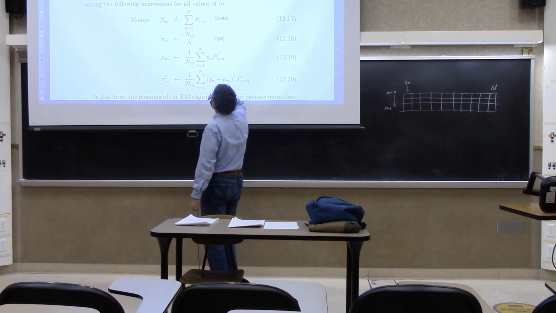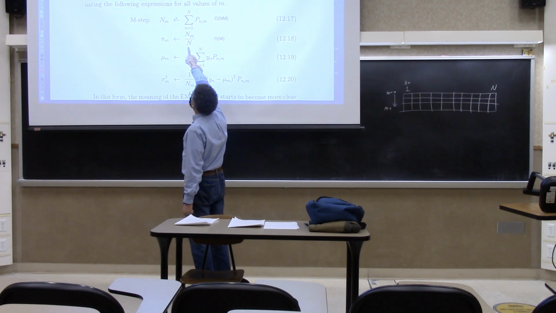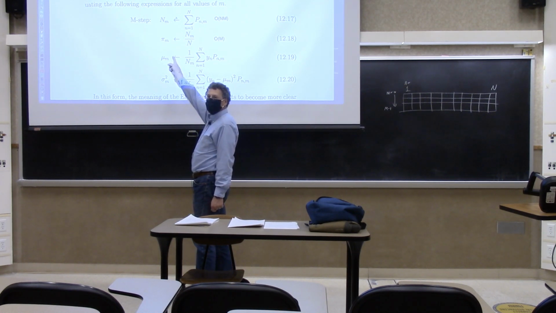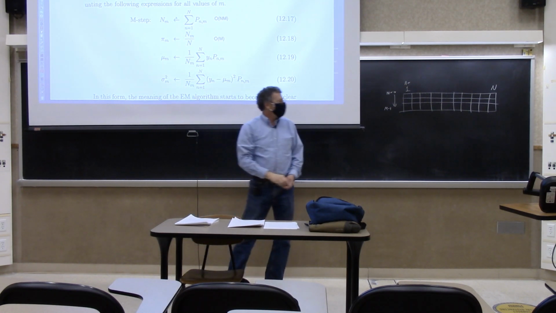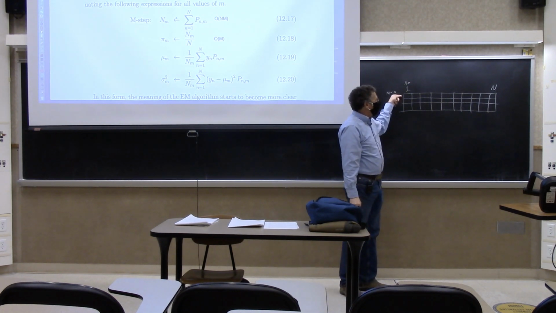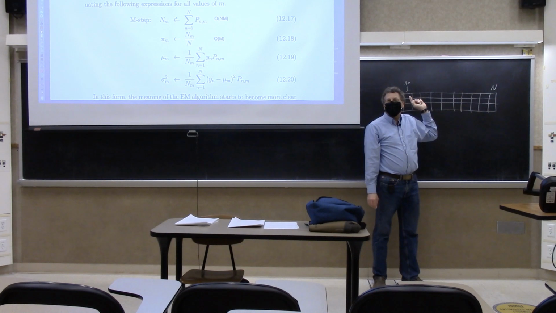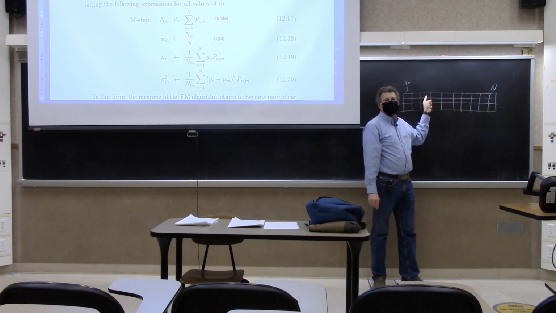So the first thing is just calculating the number of samples that fell into each of the classes. To calculate the number of samples in the first class, you just sum, right? Because if it was a discrete case, you'd have a 1 here if that sample fell into that class.